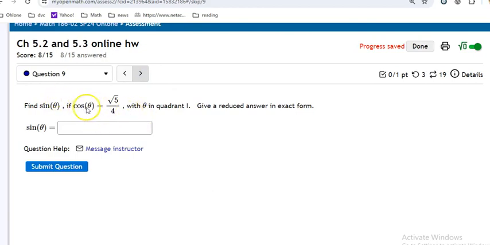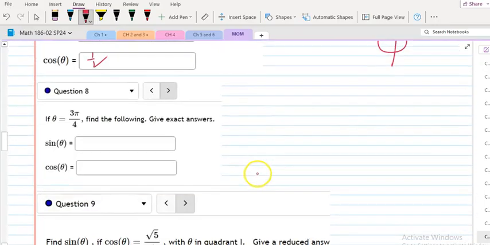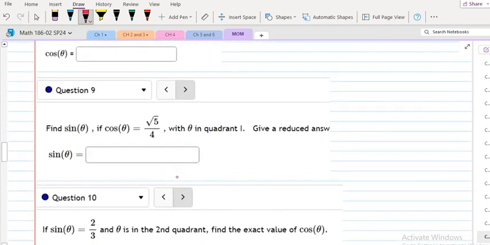This is something else. If you know the point on the unit circle, cosine is root 3 over 4, and the angle is in quadrant 1, what is sine theta? It is not a special angle on the unit circle because you know cosine already. So what you need to do is use the Pythagorean identities to solve for it. Cosine squared theta plus sine squared of that same theta is equal to 1.